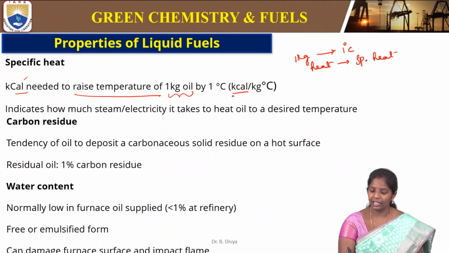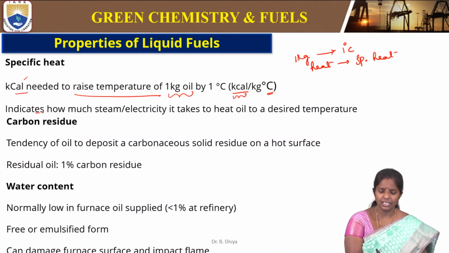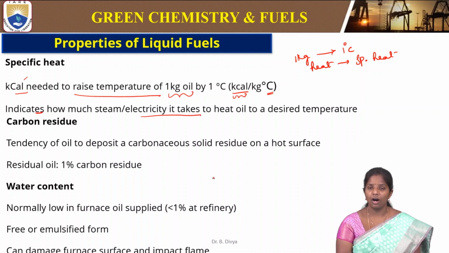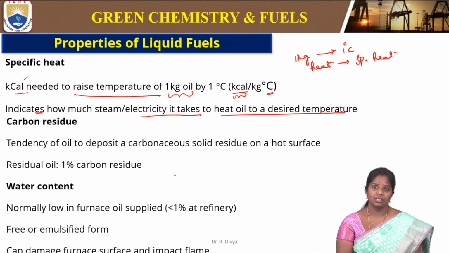It indicates how much steam or electricity is required, that is, how much should be given to heat up that oil to a desired temperature. That is a very important indication for any fuel before we use it for any application.